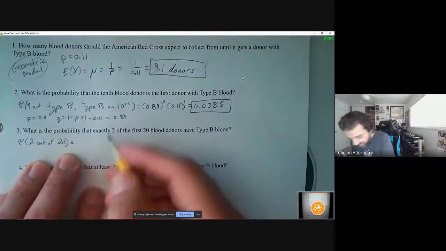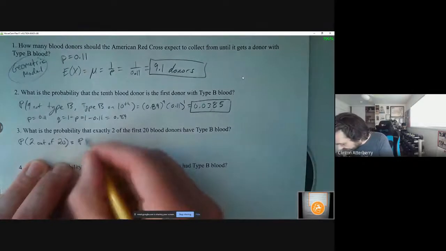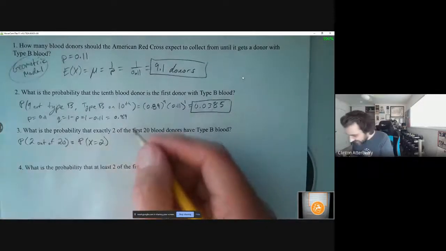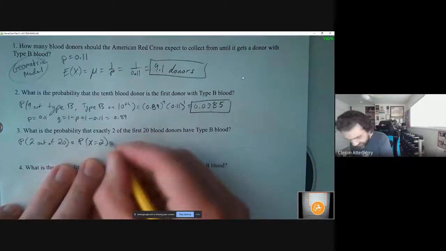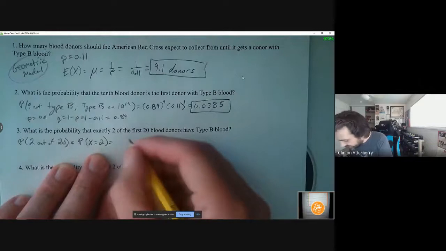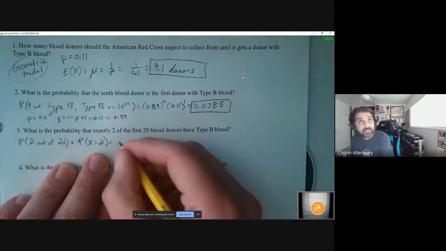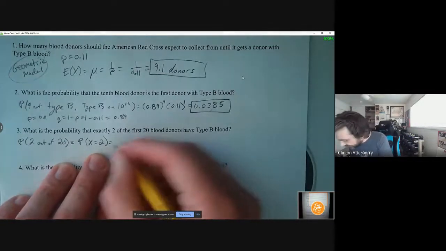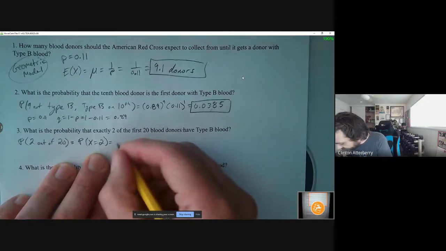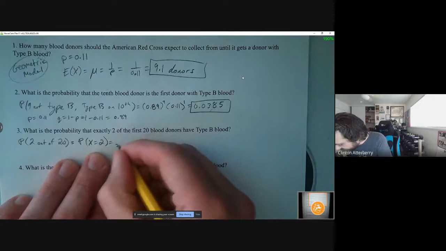We'll set a probability that your donor is going to be 2. And I'm going to write this like this and say, remember the NCR thing? It was the NCK. Okay, that's going to be 20C2.